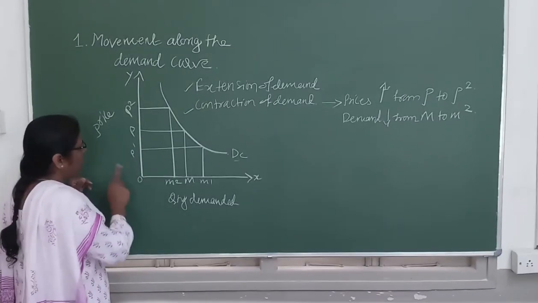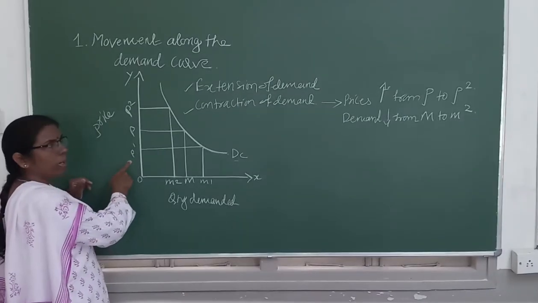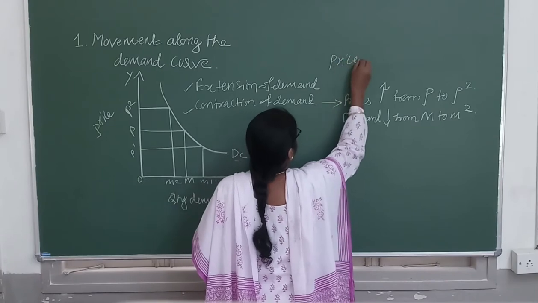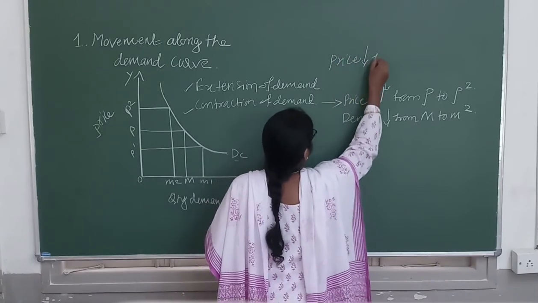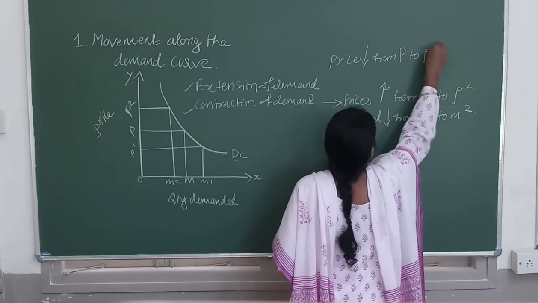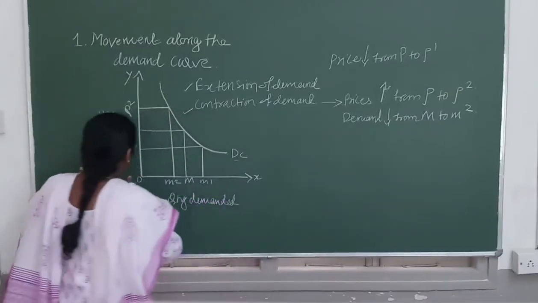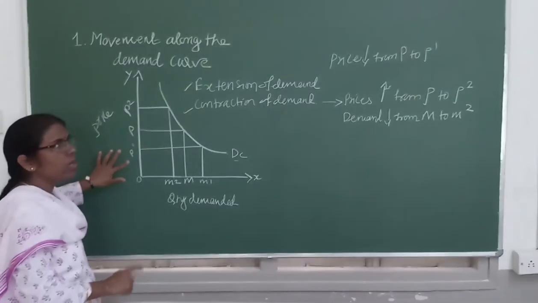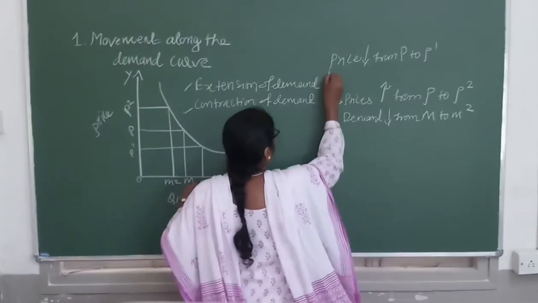So when the price decreases from P to P1, what happens?